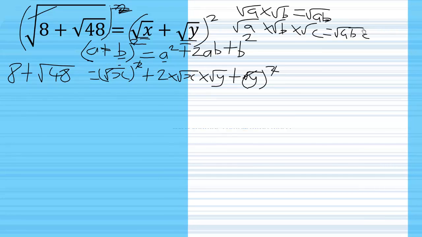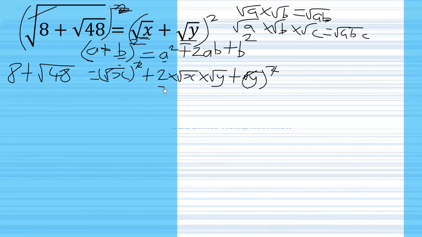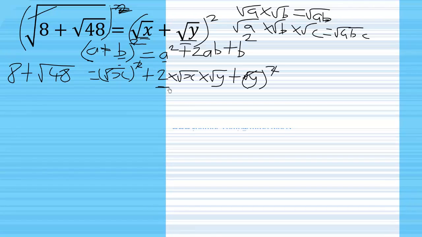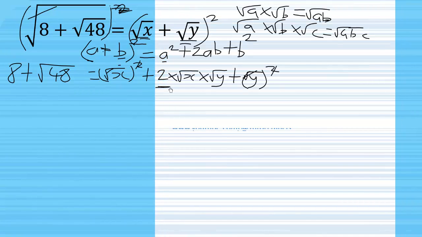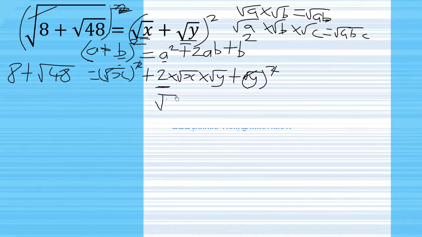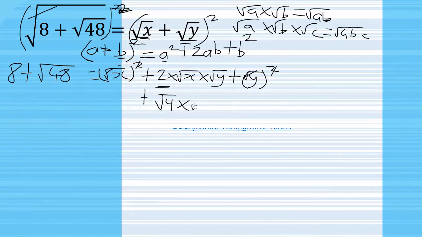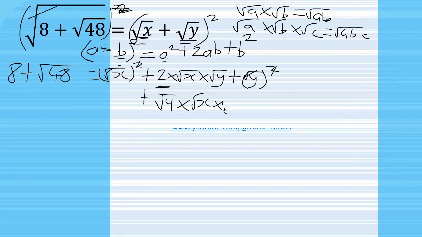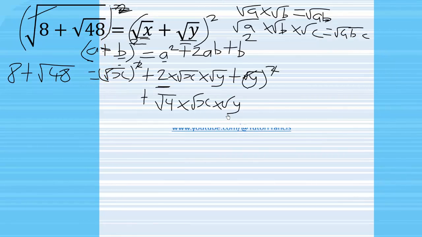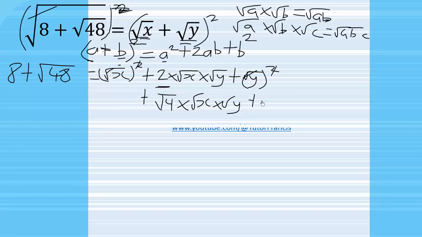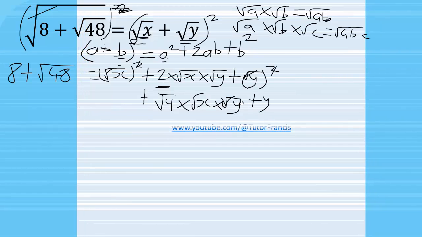So that is what we are going to apply here. So we are going to rewrite the 2 as square root of 4 plus. So we have square root of x times square root of y here, and we have plus y over here.